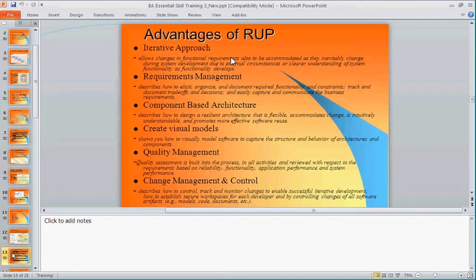Next, it forces you to build a component-based architecture. What that means is that our requirements may change over time. Why? Because we are building to meet an objective, right? And if we need to change the requirements so that we can meet the objective more efficiently, then so be it.